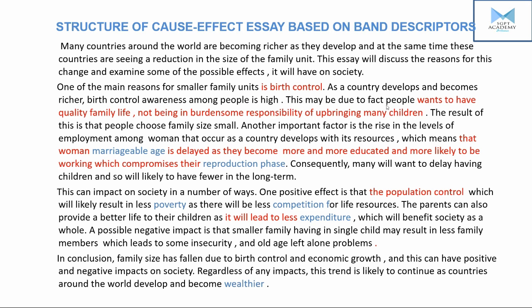This may be due to the fact people want to have quality family life, not being in burdensome responsibility of upbringing many children. So the first sub point which is given over here is that they want to reduce the responsibility of upbringing many children. Okay, so that they can have a good family life in terms of upbringing. So this is the sub point given. The result of this is that people choose family size small.